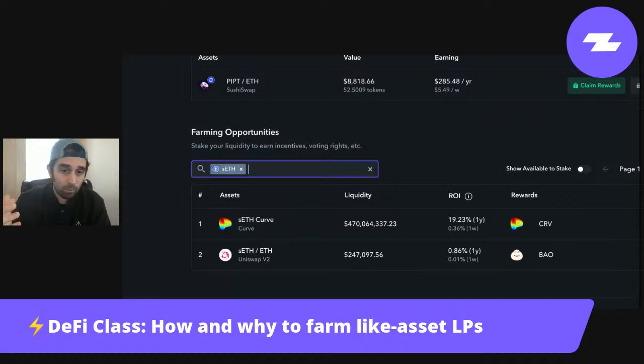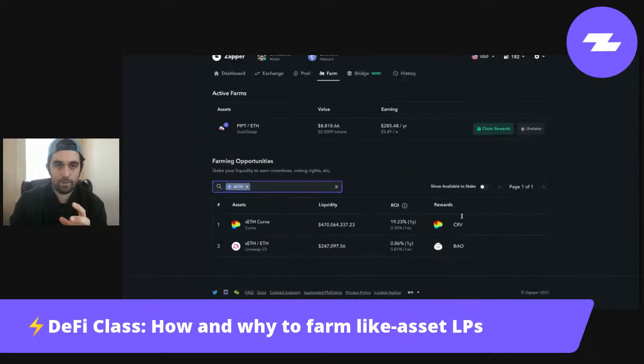If it's more liquid, I could potentially be earning a lower ROI, because if I'm being diluted by, let's say, whales putting more money into this, or just individuals putting more money into the pool, then my return shrinks. It matters how much of this total pie I own. That is what's going to allow me to earn more of the Curve reward here.